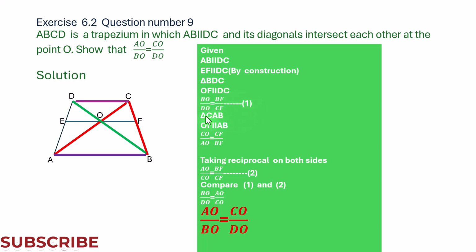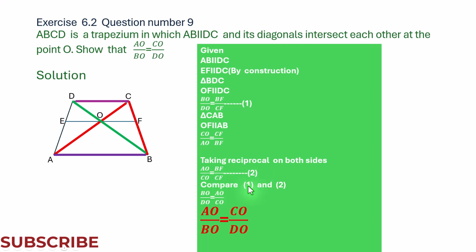Equation 1. In triangle CAB, OF is parallel to AB, then CO upon AO is equal to CF upon BF. Taking the reciprocal on both sides, AO upon CO is equal to BF upon CF. Equation 2.